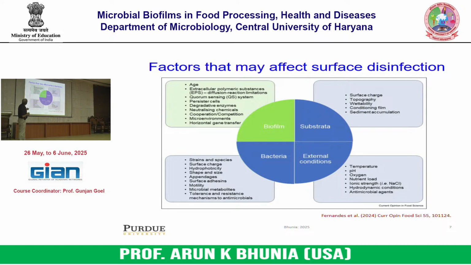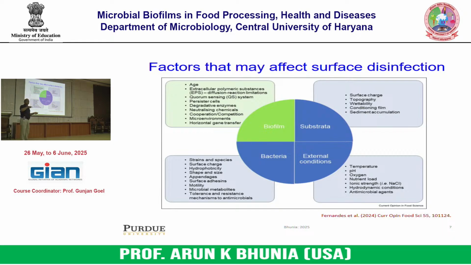If it is a biofilm, you want to know how old this biofilm is, right? If it is a newly formed biofilm, it's easy to remove. If it is a very old biofilm, I showed you some of the pictures, it's very difficult to remove, right? So the age of the biofilm is going to be problematic for how effectively your disinfectant can work.